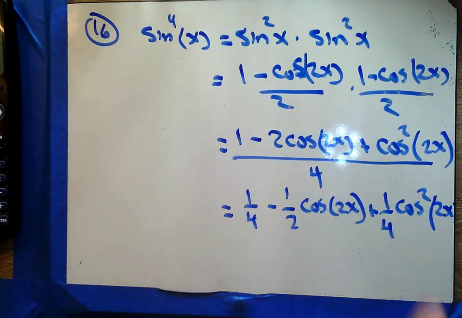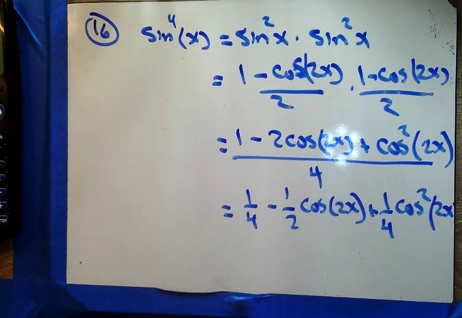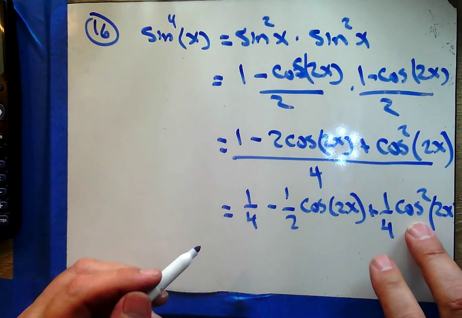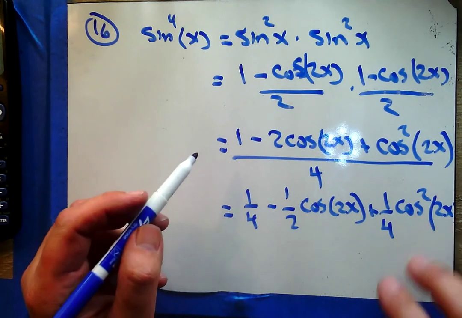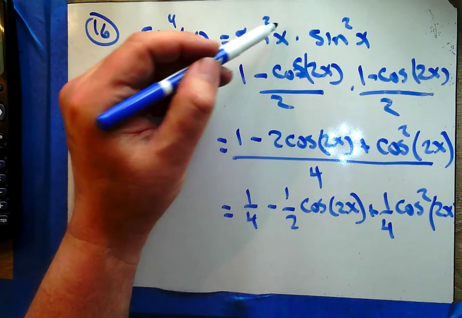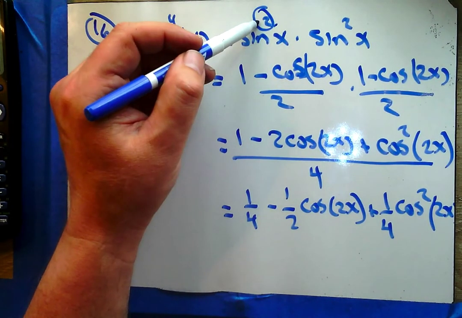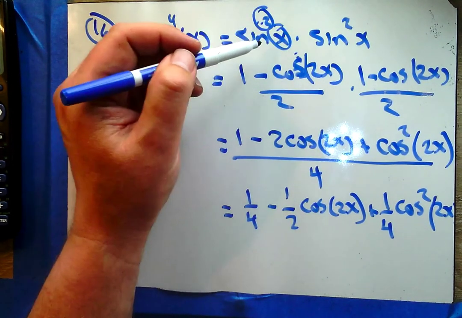But at this point, I recognize I still have a squared, so I need to use my power reducing identity again, and I need to replace this part with my cosine double angle. My cosine power reducing formula. Remember, when we use the power reducing identity, the power reduces from second to first, but what happens to the angle?